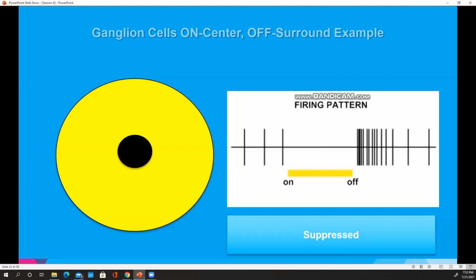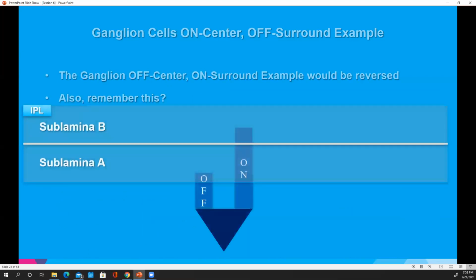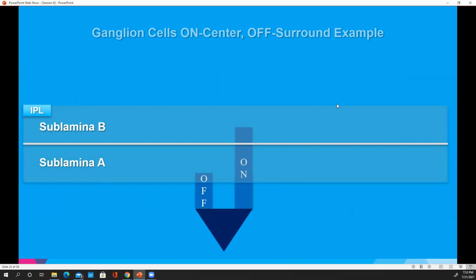Okay, so now, and thankfully the canonical experiment was on center, off surround, and not the opposite, which would be harder to think about. So this makes a little bit more sense. Again, just know it would be reversed in the reverse situation. And then remember this sublamina, what we're looking at: here's your cone, here's your bipolar cell off, bipolar cell on, sublamina A, sublamina B. Which direction is everything going, right?